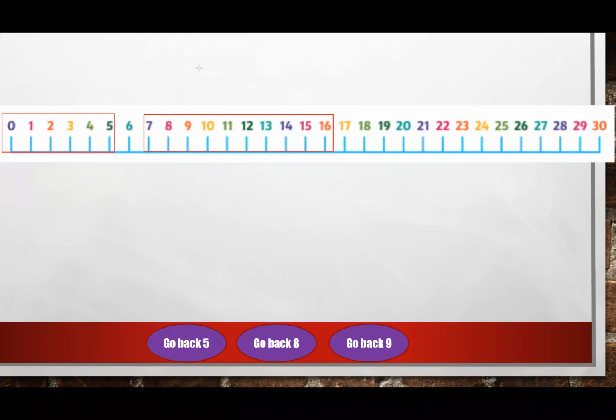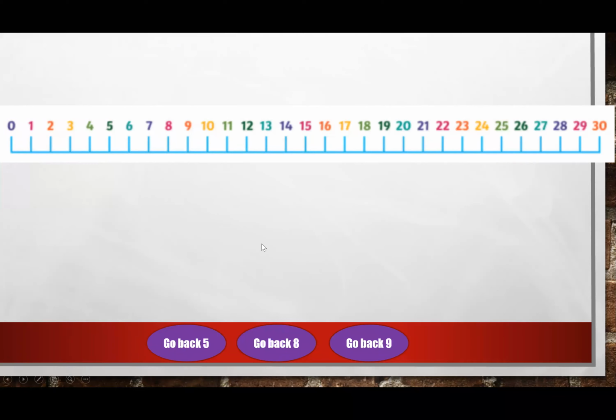So we cannot just go up to 7, because if you go up to 7, you include the 7 already, right? So you have to go up to 6. Does that make sense? Oh yes, thank you.